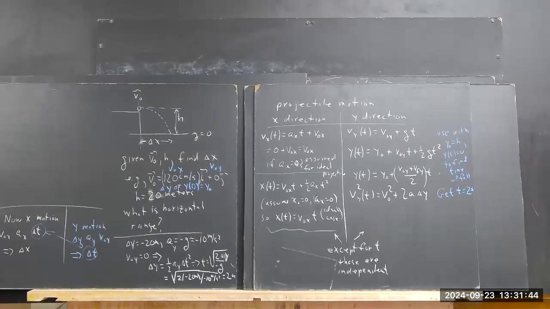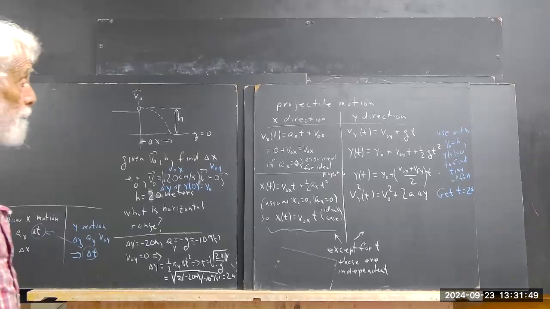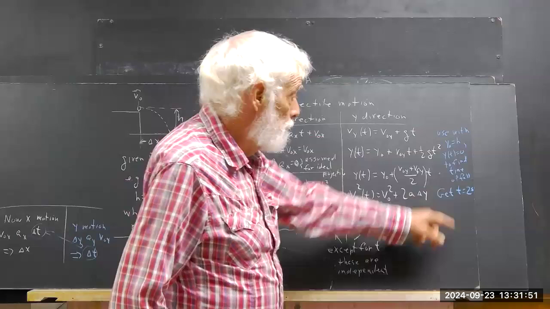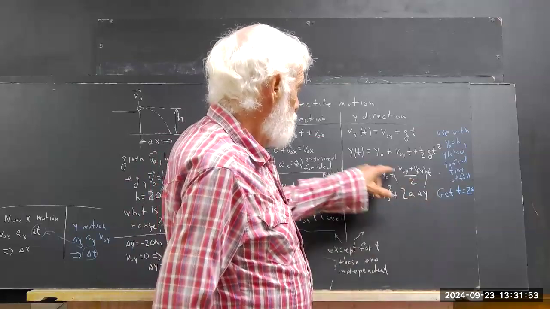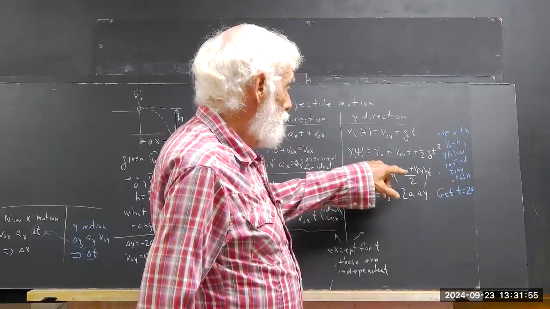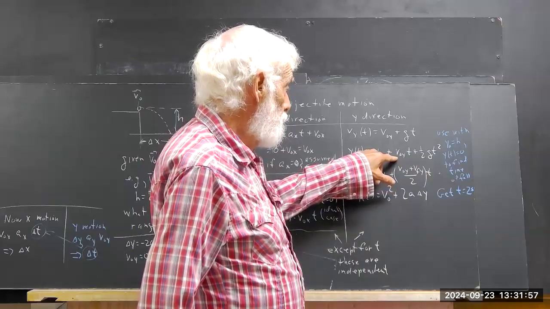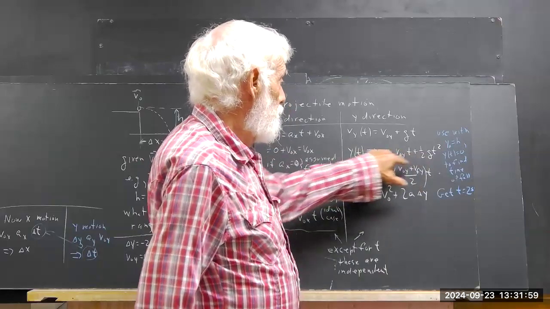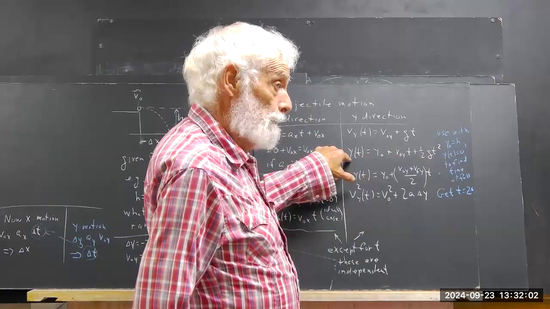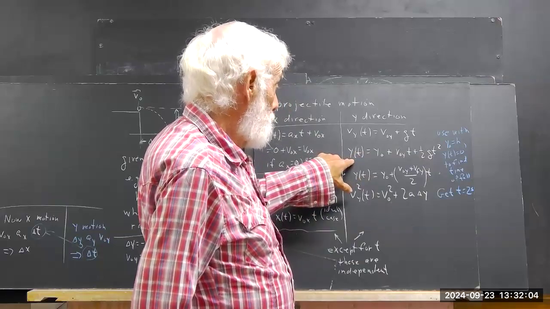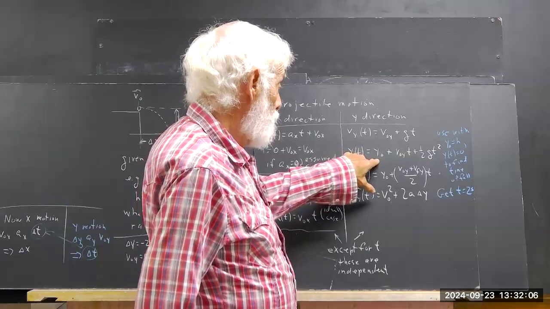Again, over here, I think we use y naught equals h, v naught y equals 0, and figure out y at any time. The y that we want is 0.